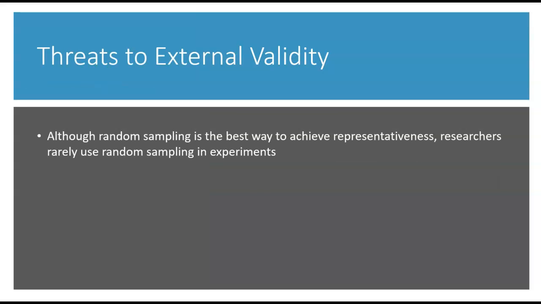To look at some more of these threats to external validity, random sampling is one of the best ways to create representative samples. But what we know for sure is that we rarely have the ability to actually do random sampling. And that may surprise some of you.